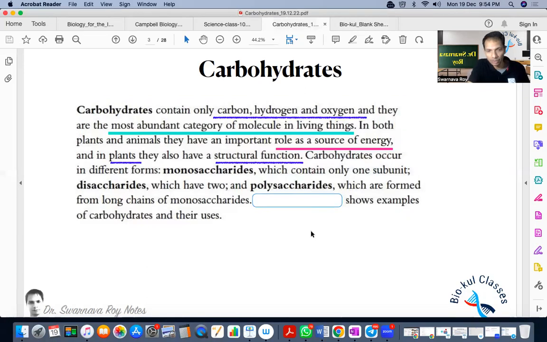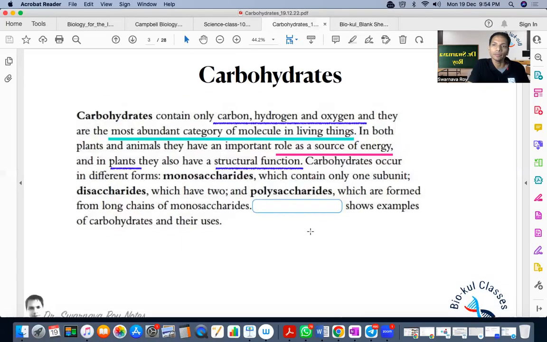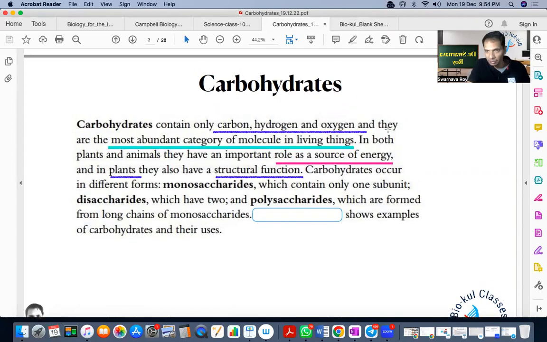All these concepts we will study today, including how two monosaccharides join together and form a disaccharide by a dehydration reaction.